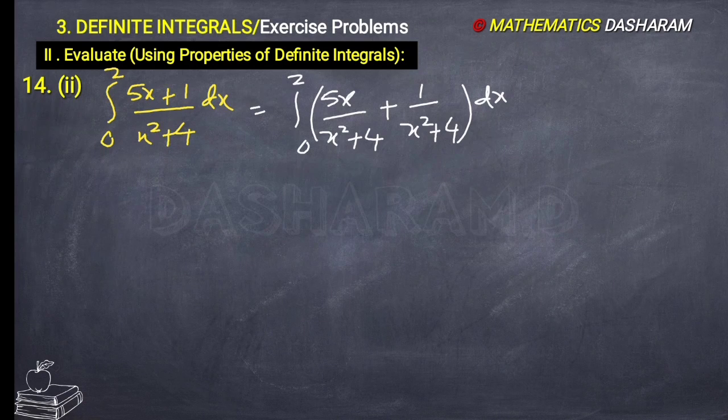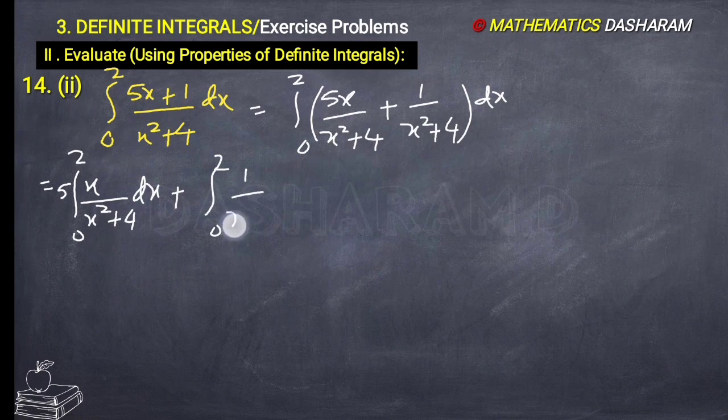So then it is equal to integration 0 to 2 of 5x divided by x square plus 4 dx, plus integration 0 to 2 of 1 divided by x square plus 4, which can be written as 2 square, dx.